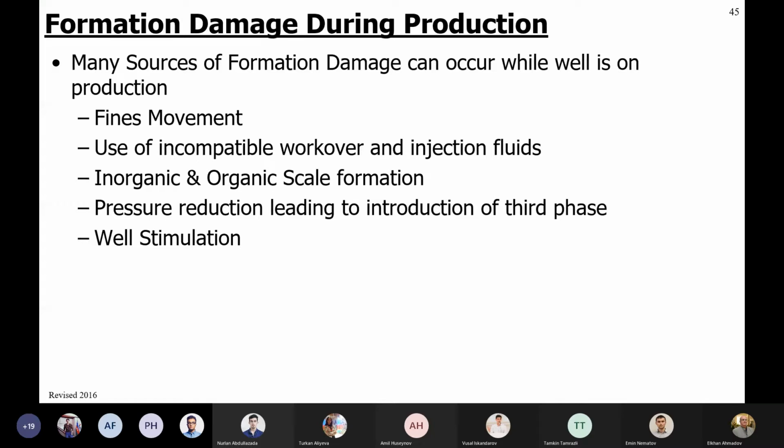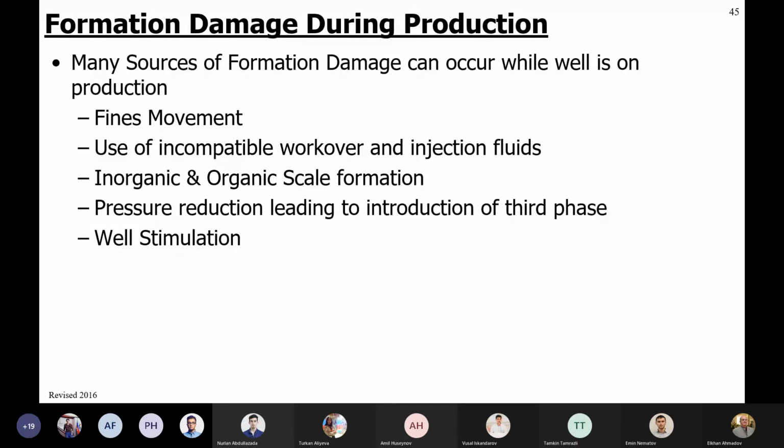Again, because of incompatible fluids and changing the pressure and temperature regimes in the reservoir and near wellbore zone, it may trigger the scale formation, both in the formation and in the tubing in the wellbore.